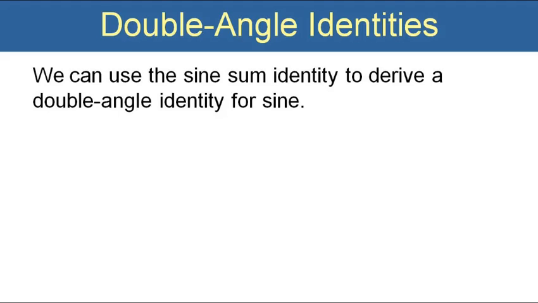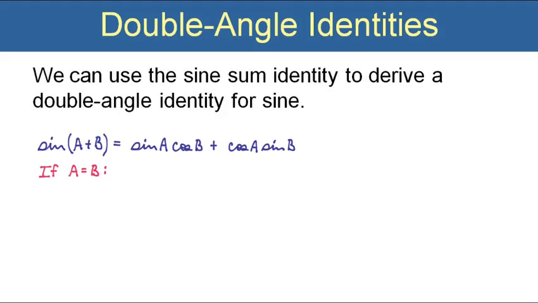Alright, now let's also use the sum identity for sine to come up with a double angle identity for sine. So here is the sine of a plus b, and if I again say that a equals b, so that both of these can be written as a, then we have sine of a plus a equals sine a cosine a plus cosine a times sine a.